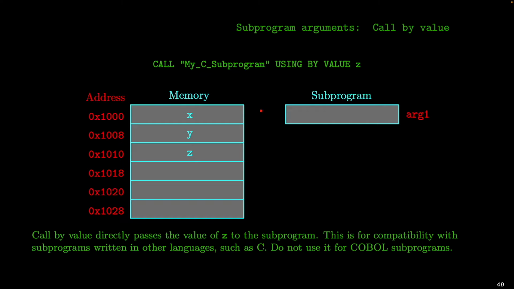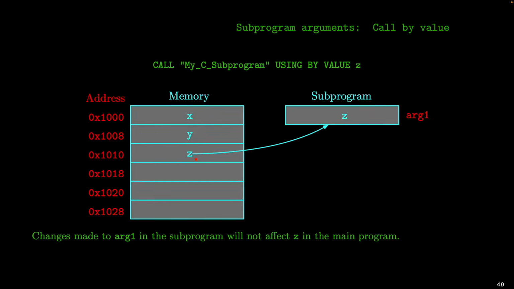And it should not be used for COBOL subprograms. Of course, if we pass the value of z to the subprogram, then this will be in a different memory location, the one that was reserved for the argument, and therefore changes made to z or to arg1 in the subprogram will not affect the value of z in the main program.